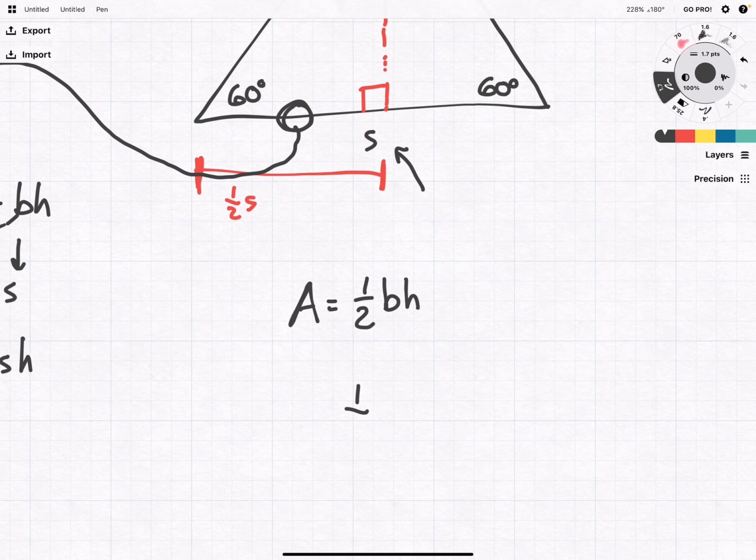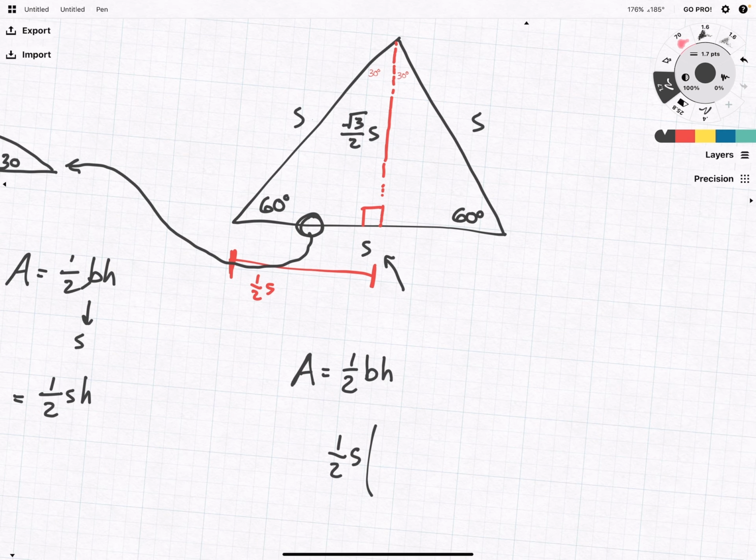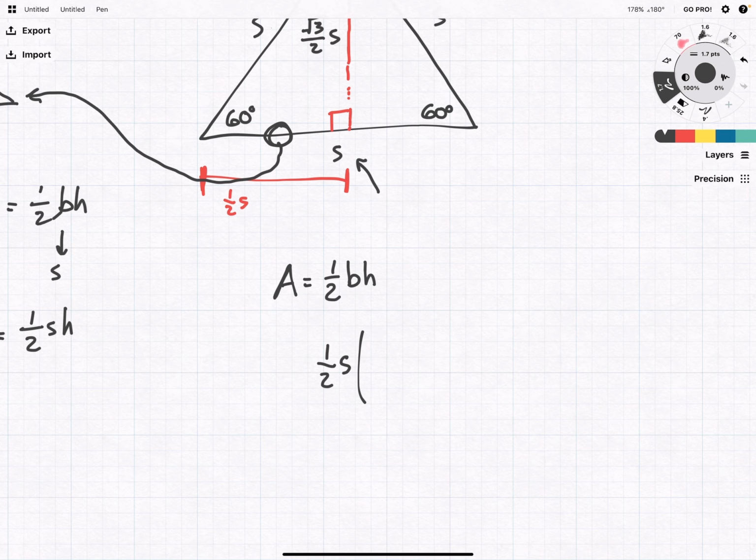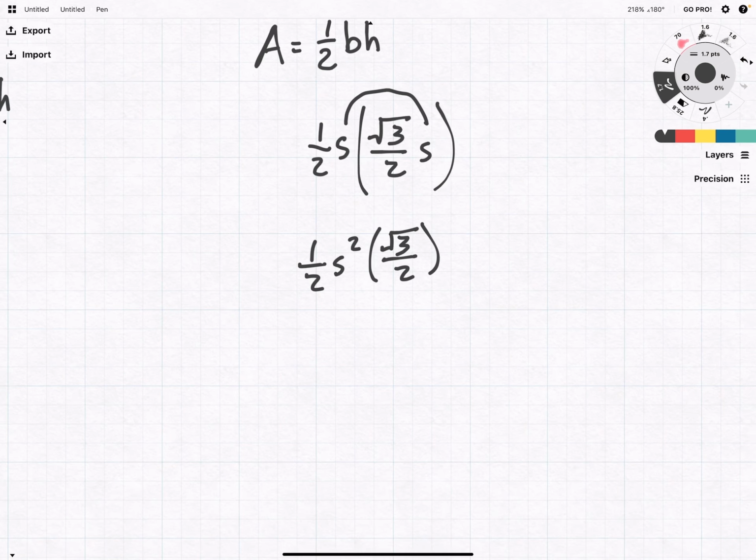So 1/2 s, and the height we just solved for is root 3 over 2 s. We'll multiply the s's together, and we have 1/2 s squared times root 3 over 2, and that will give us root 3 over 4 times s squared. And that's our area.